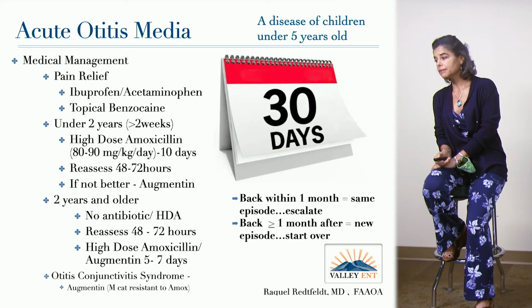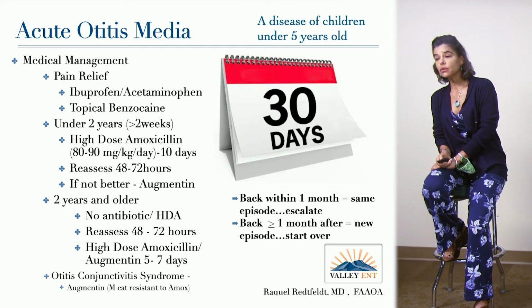And then for that 2 years or older child, if you did give them the high-dose amoxicillin, then they're going to be on the same treatment as the under 2-year-olds. If you didn't, then you're seeing them 48 to 72 hours later. If they're better, then you're just going to continue to do nothing, just pain relief and the topical pain. And then if they aren't better, you did the high-dose amoxicillin, then you're going to go to the Augmentin.